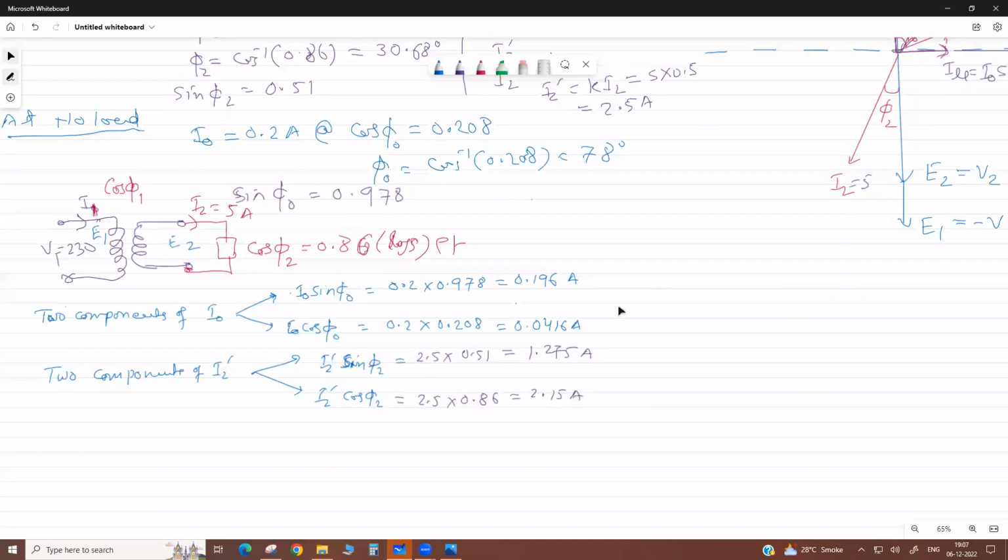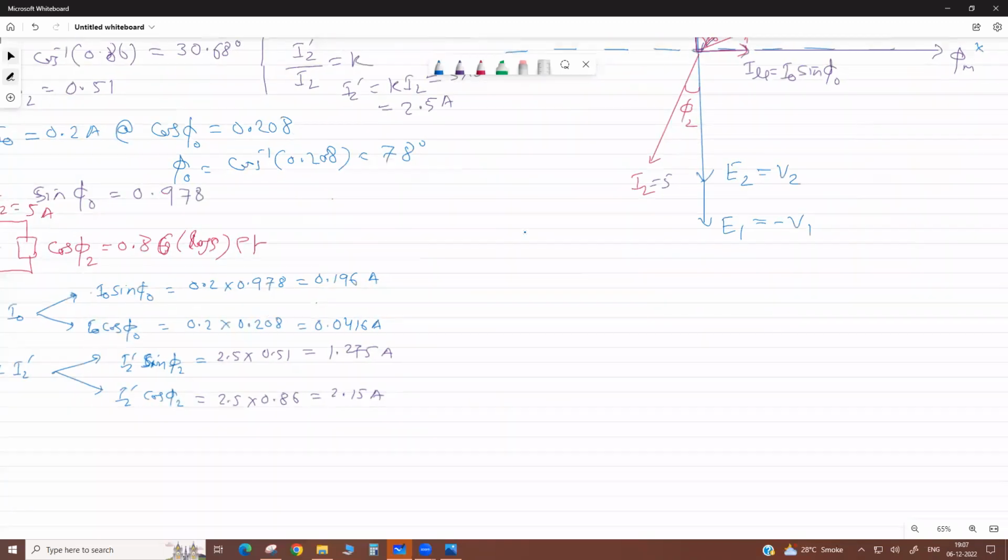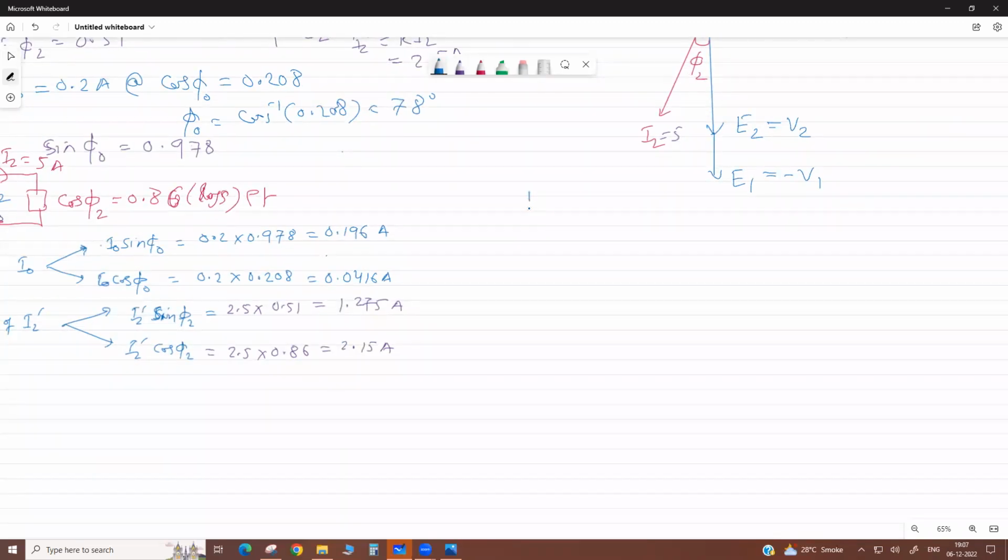Now it's easy. As you know, we have to calculate along the y-axis and along the x-axis, so it is the total Ix component and total Iy component.